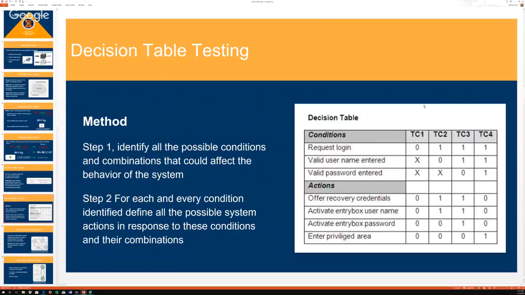So we have three ones that complete the rule for the specific action, which is enter the system. So this is the way we can test how the system acts, with the decision table, to see all the possible combinations.